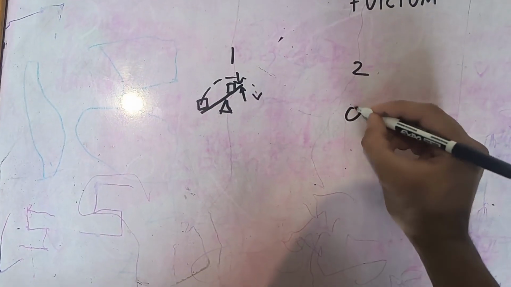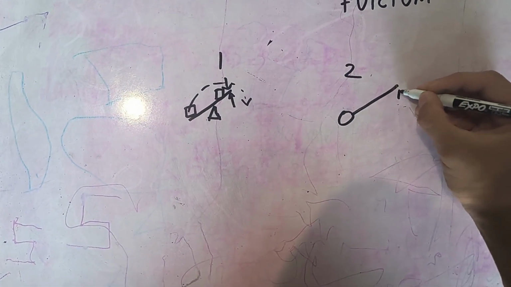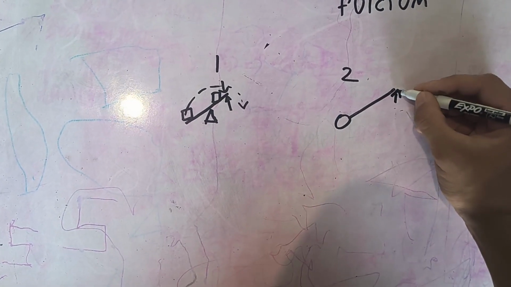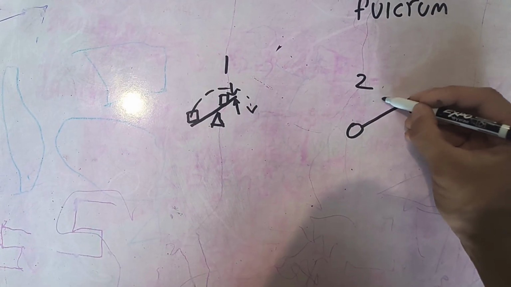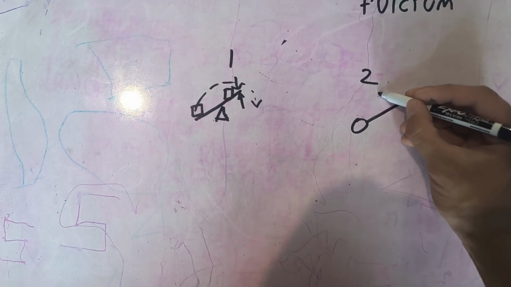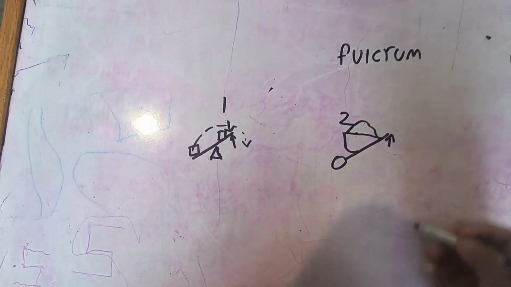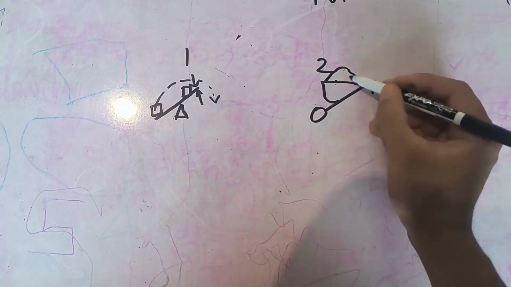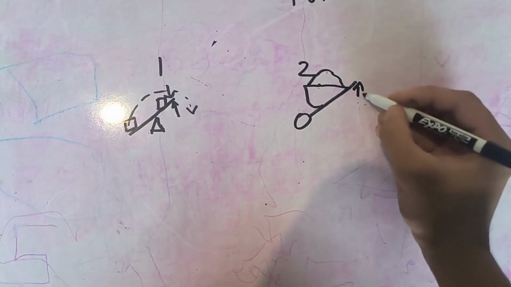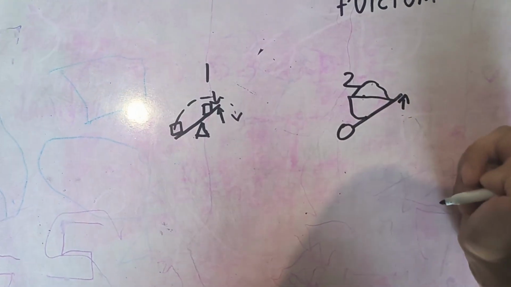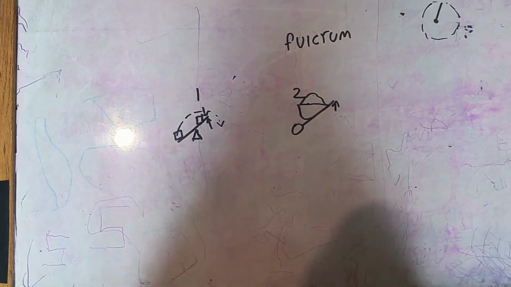You're pushing up right here, and this is where you've got all your sand or whatever. This is the load, the thing you're trying to lift. This is the fulcrum, the pivot point, and this is where you're applying the force, where the effort is. So that's an example of a second class lever.